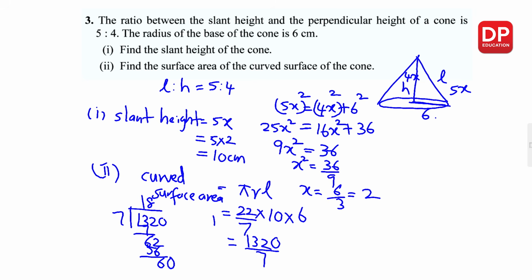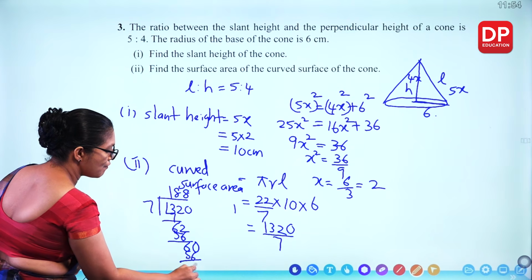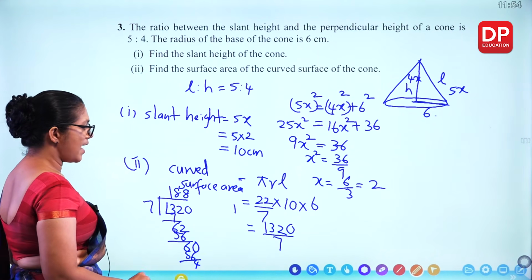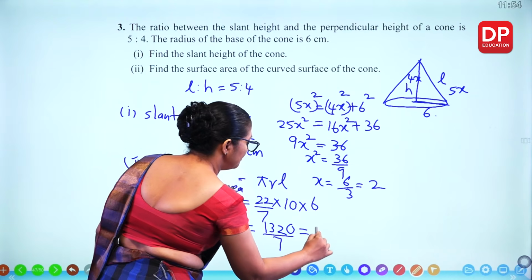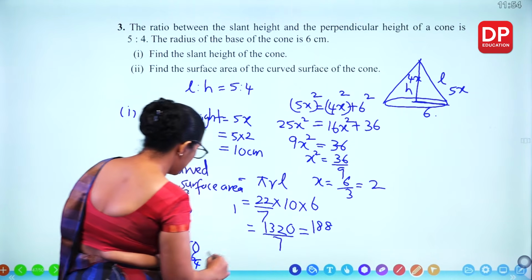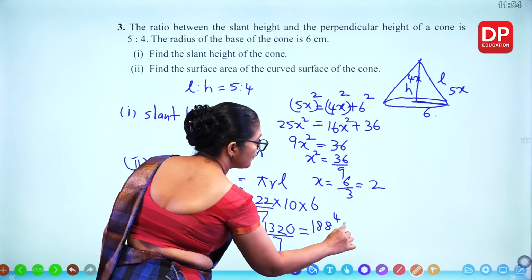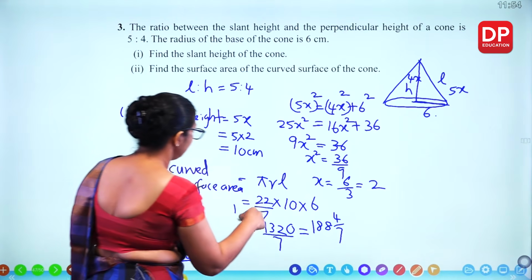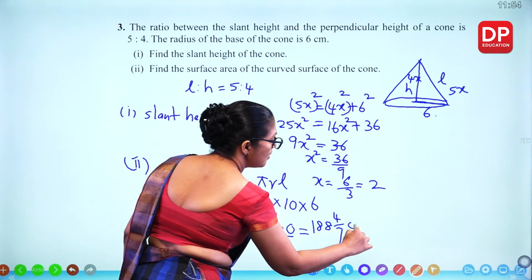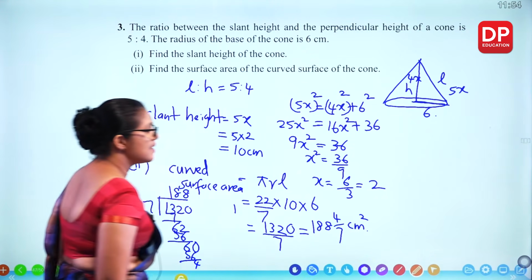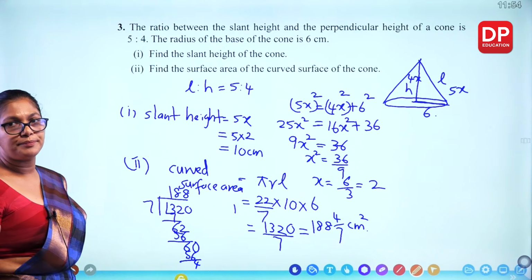And then for 60, 7 times 8, 56 and 4 remaining. So I can write the answer as 188 4/7 square centimeters, because this is about an area.